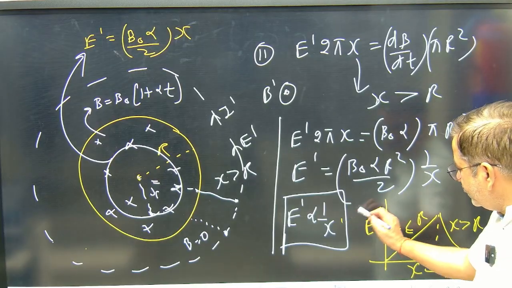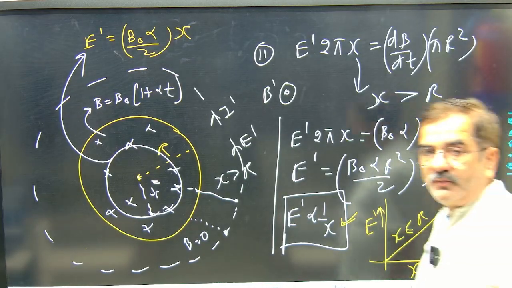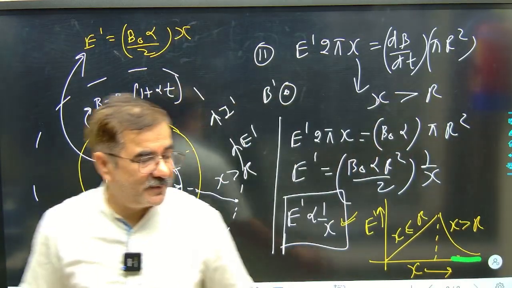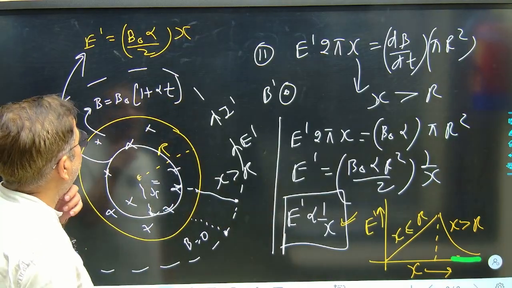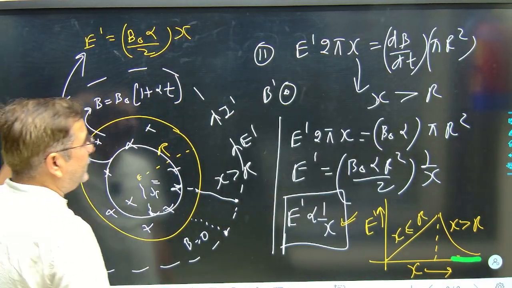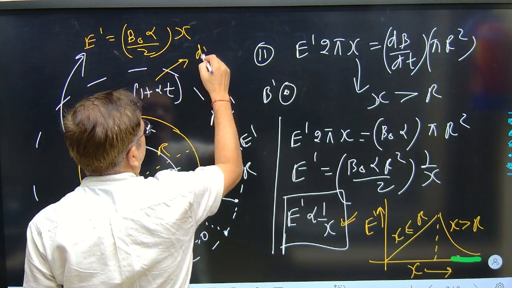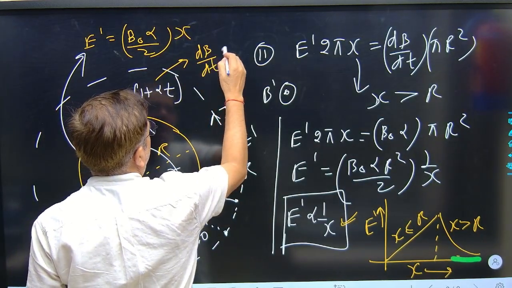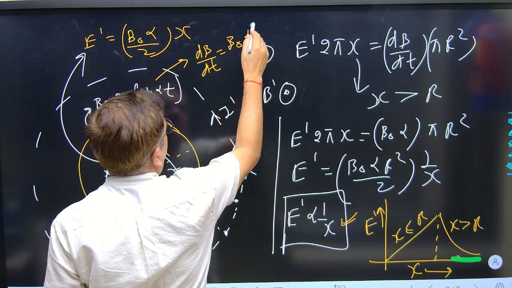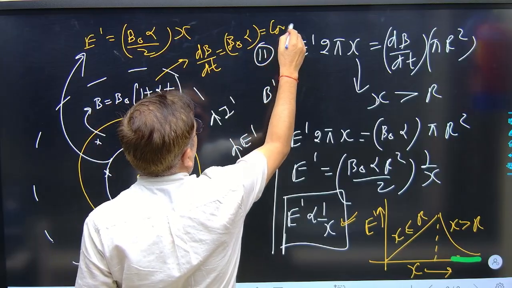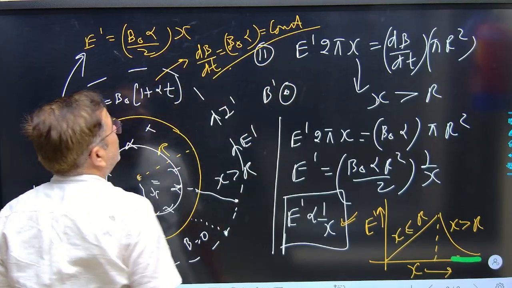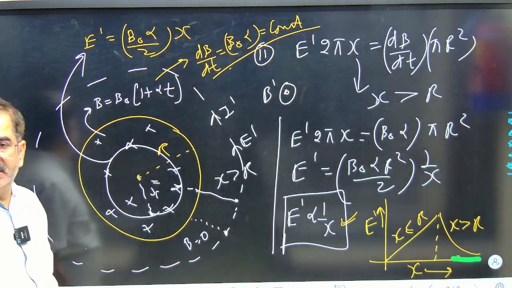For a time varying field, this expression is important, and also we have seen dB/dt was remaining constant, this B0 into α value was constant, correct? This can be applied and we can get the result.